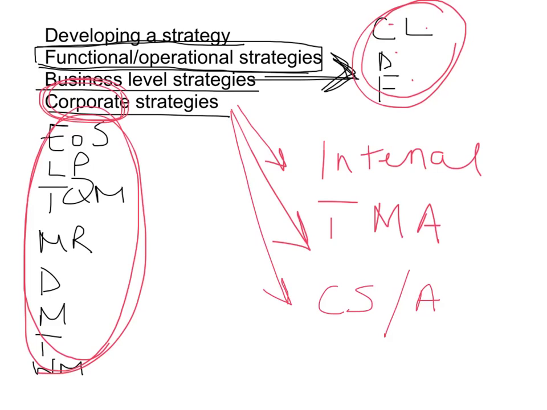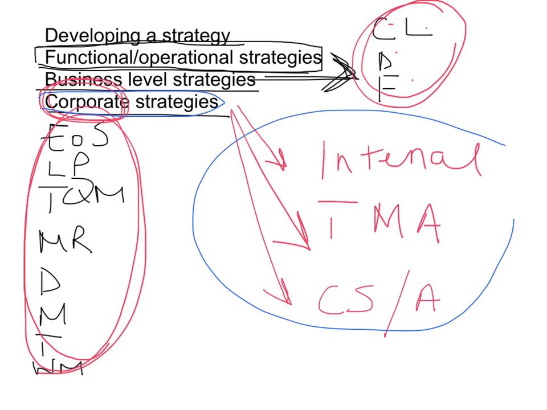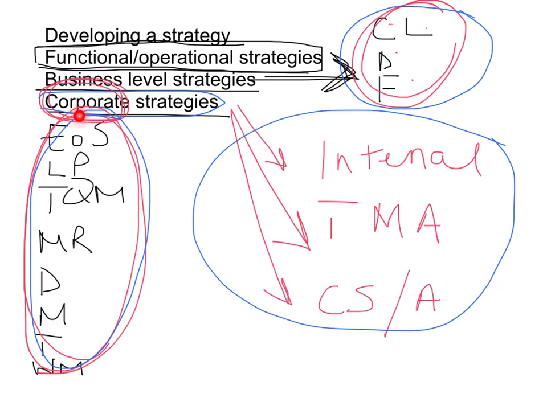So that was a very brief introduction of what we mean by a corporate strategy, which are these things here. Brief introduction to what the business level strategies are, and all of these different ones were functional strategies, so examples of what the functional areas could be trying to achieve. So now what I want you to do before you move on to the next slide is think of just these functional strategies.